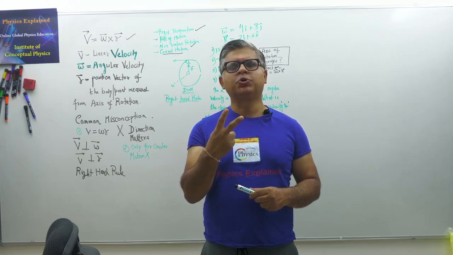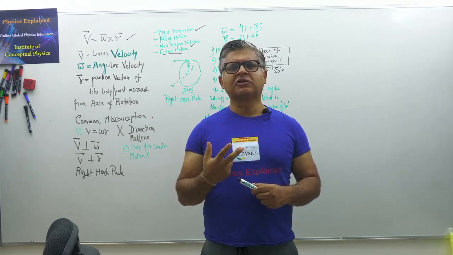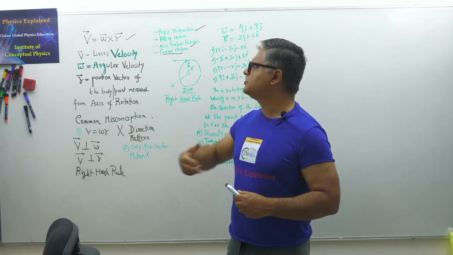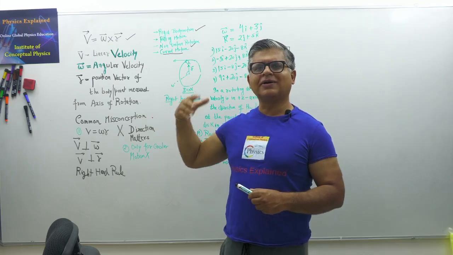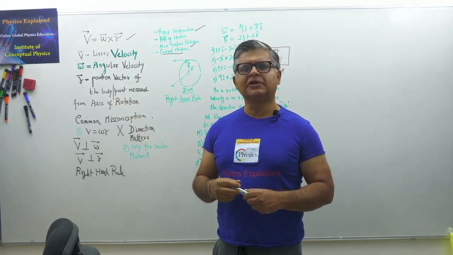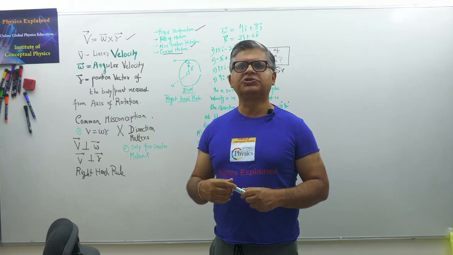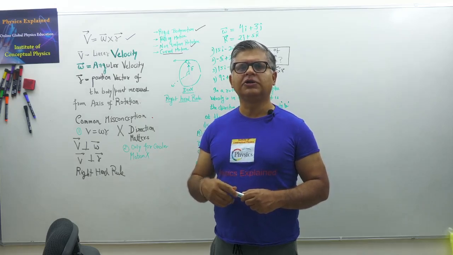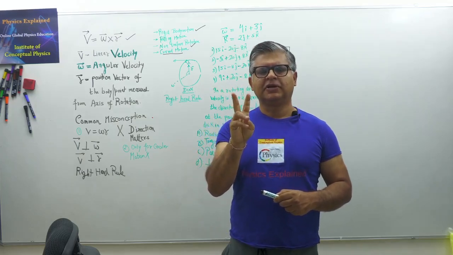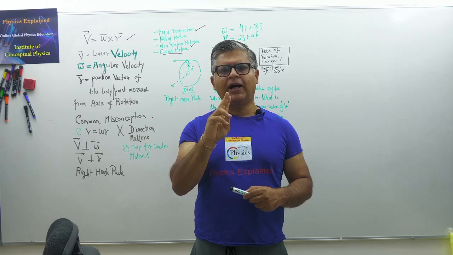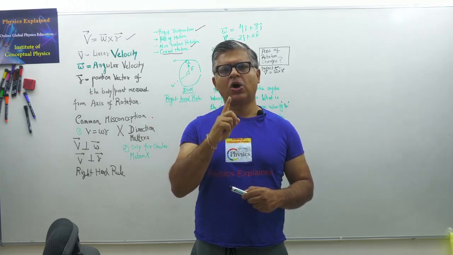So myth number 2: for uniform circular motion, I'm going to use omega cross R, for other rotational motions, I cannot use this equation. Wrong. You can. So, two myths. V equals omega R. Wrong.